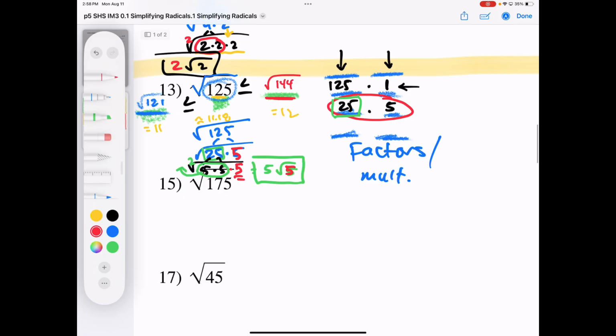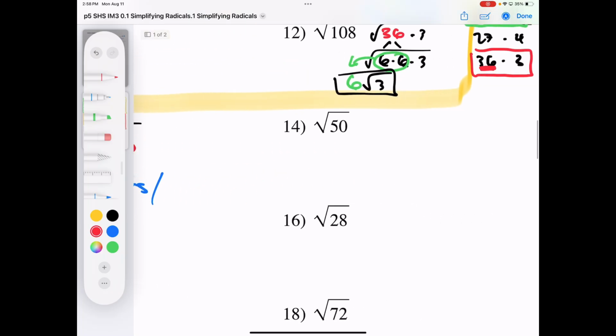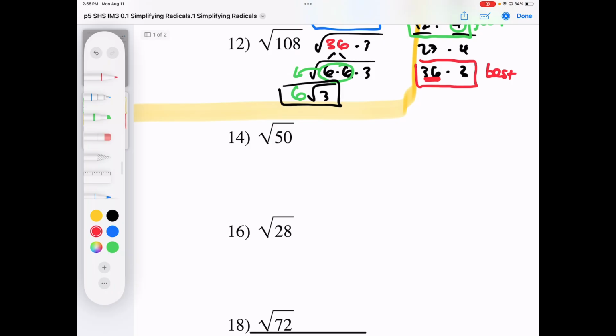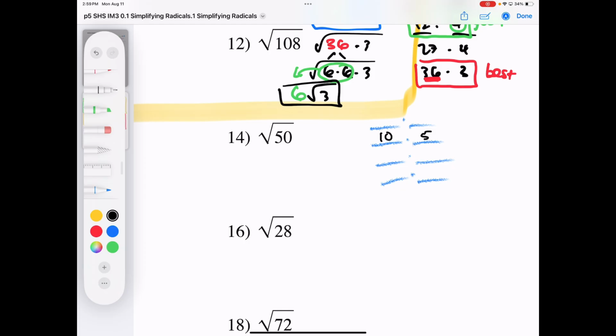Got it? 14. Tell your partner all the pairs. Ready, set, go. Green chairs. Look at your color chair. Green chairs. Five, 10. Blue chairs. What? 25 times 2?